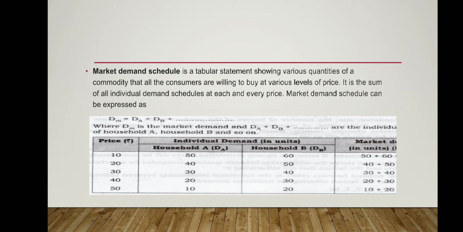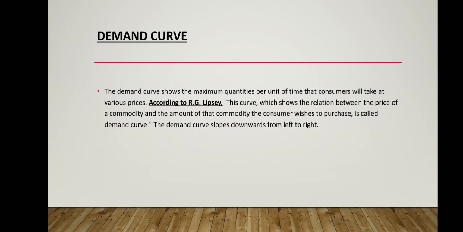At rupees 20 it will be 90 units. At rupees 30 it will be 70 units. At rupees 40 market demand is 50 units, and at rupees 50 it will be 30 units, right? So these are the individual demand schedule and market demand schedule.